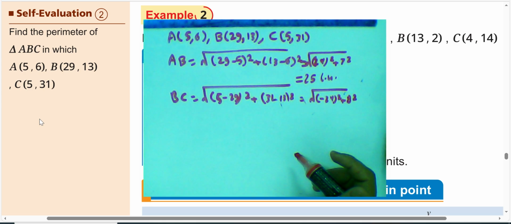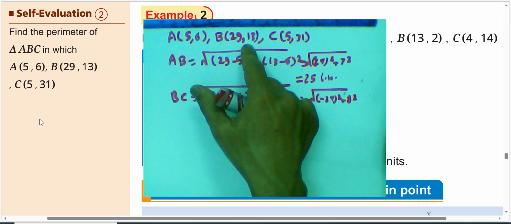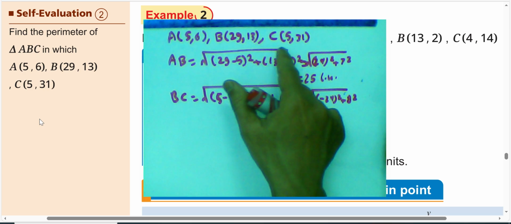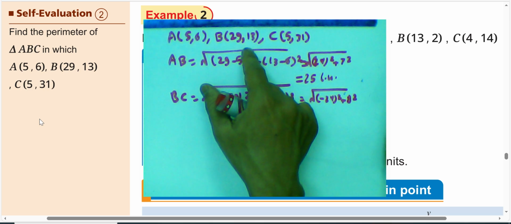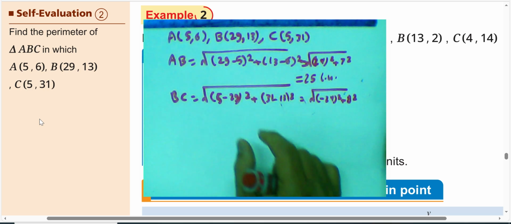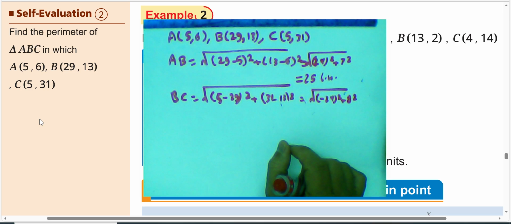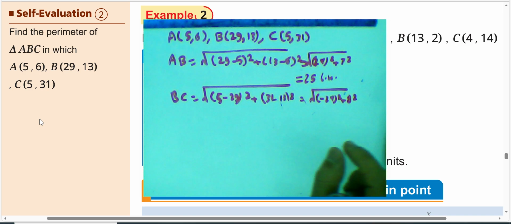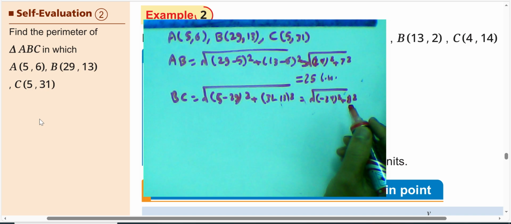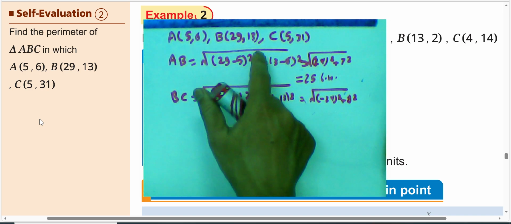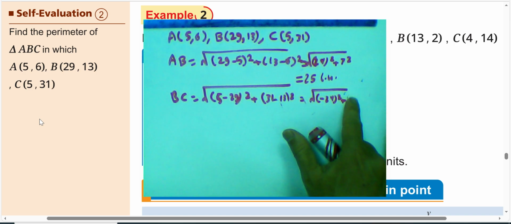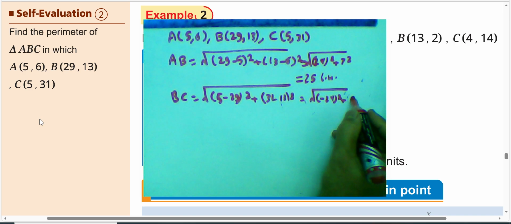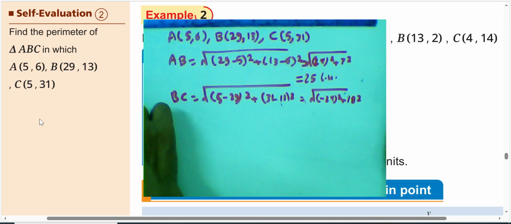Okay, B and C: we have (5, 31) and (29, 13). 31 minus 13 equals 18, 18 power 2.